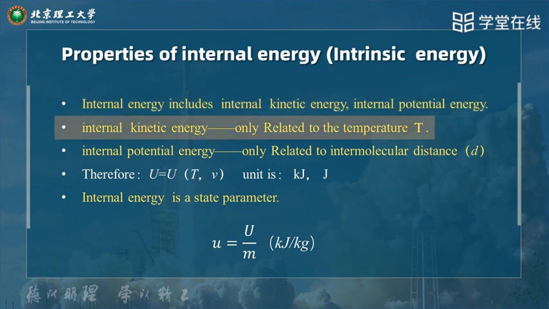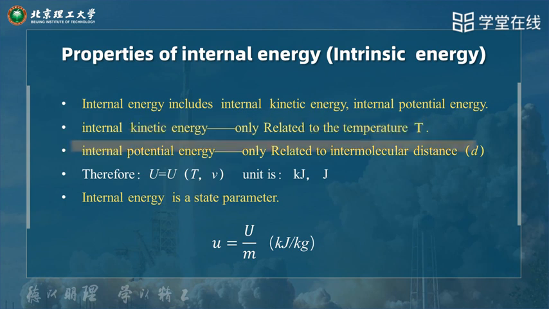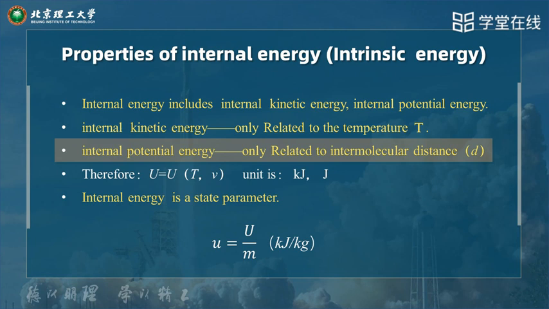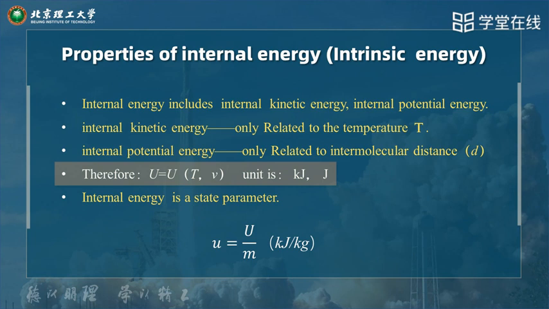Internal kinetic energy is only related to the temperature, so it is a function of T. Internal potential energy is only related to the distance between molecules, so it is a function of the distance. Therefore, U is a function of T and V. For an ideal gas, it may only relate to the temperature, not the volume, because for an ideal gas we think there is no force between the molecules.